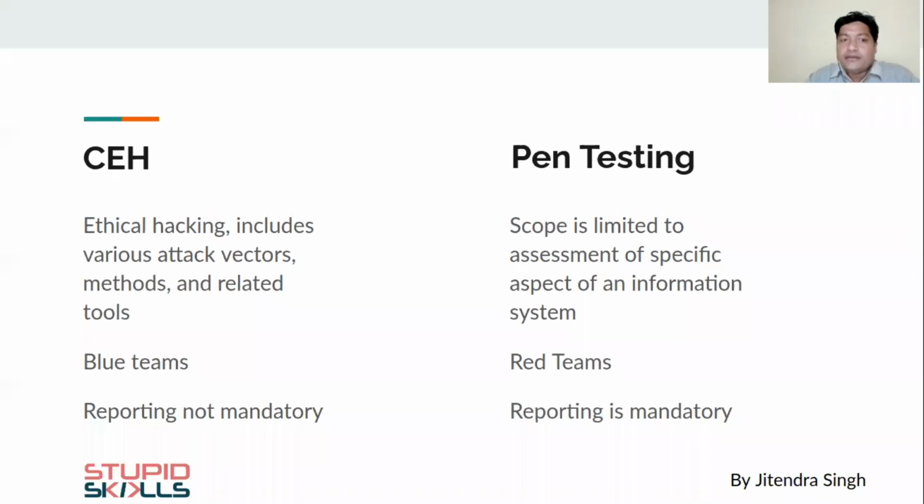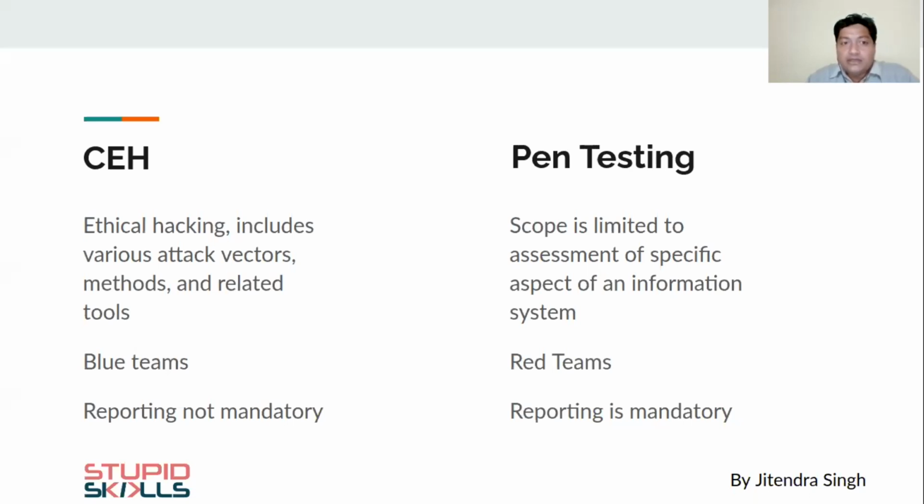So if we compare penetration testing and ethical hacking side by side, you will see that ethical hackers usually use most of the attack vectors, methods, and related tools. They are not limited to a specific aspect of an information system, whereas the scope of the activities of a penetration tester is limited to a specific aspect of a system.